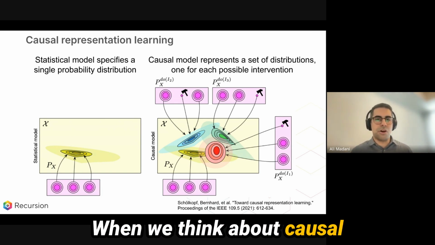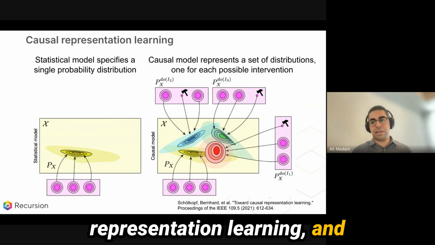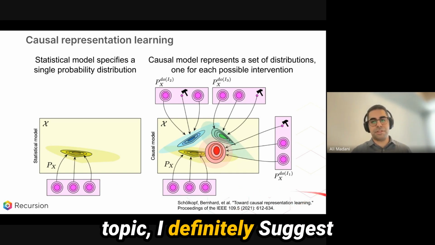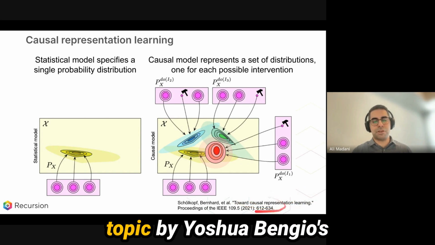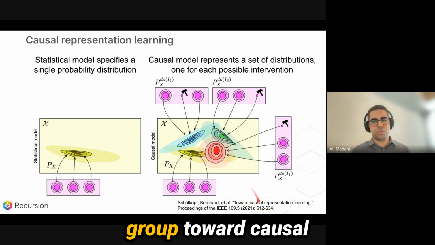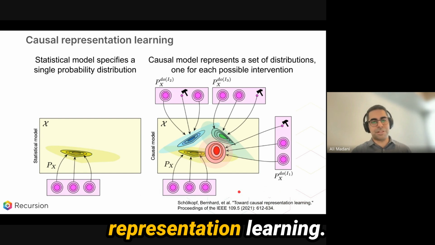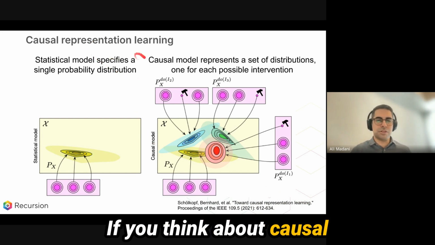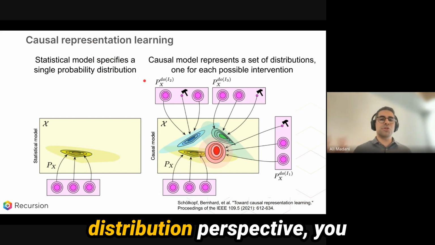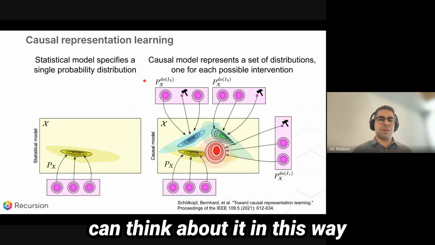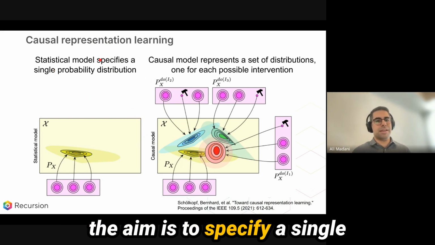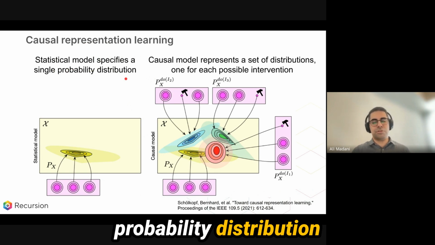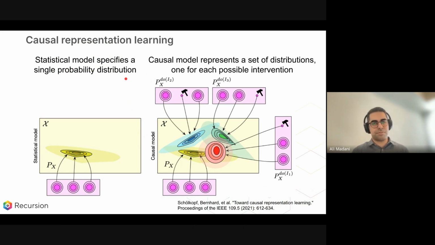When we think about causal representation learning, and if you're interested in that topic, I definitely suggest you go through this paper. It is a seminal paper on the topic by Yoshua Bengio's group, toward causal representation learning. If you think about causal representation learning from a distribution perspective, in statistical models, the aim is to specify a single probability distribution to define the space.